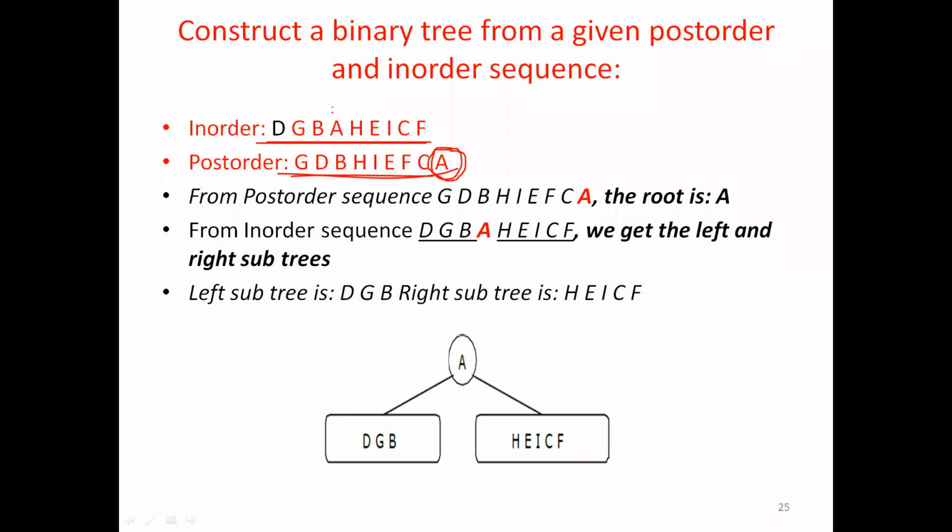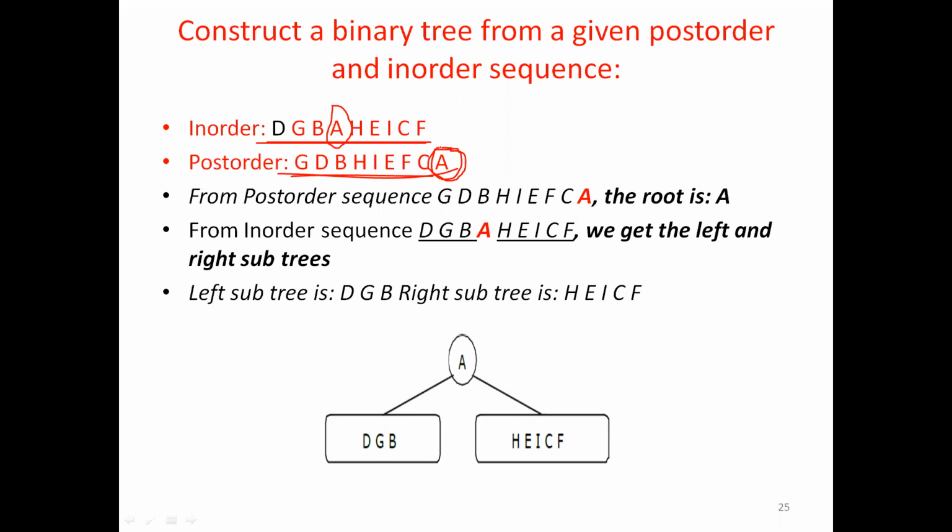Yes, I can find node A in a particular location in the in-order traversal. There I stop my algorithm. I know that A is the root node of the tree.